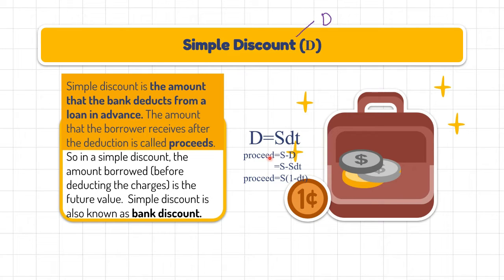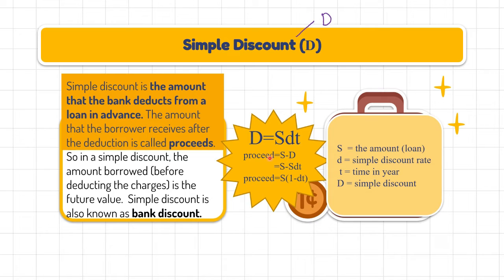This is the formula involved for simple discount. Here we have capital letter D, which is simple discount, equals S times d times T. Here also we have proceed. What is proceed? Proceed is the amount that the borrower receives after the deduction.